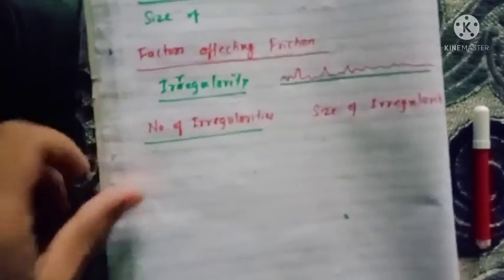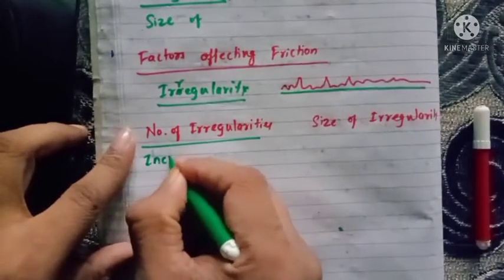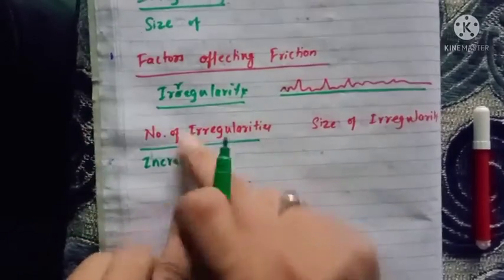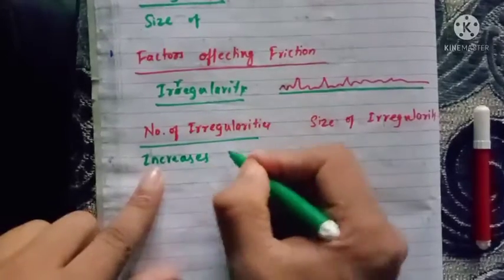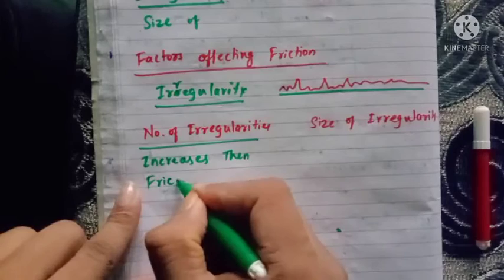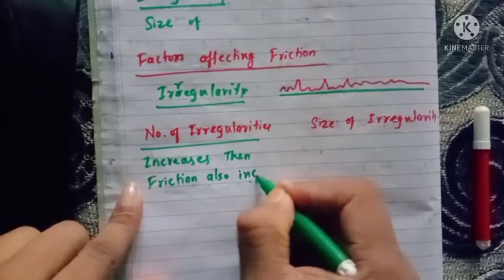So if the number of irregularities increases, then friction ಏನಾಗುತ್ತೆ, increase ಆಗುತ್ತಾ decrease ಆಗುತ್ತಾ? Friction also increases.